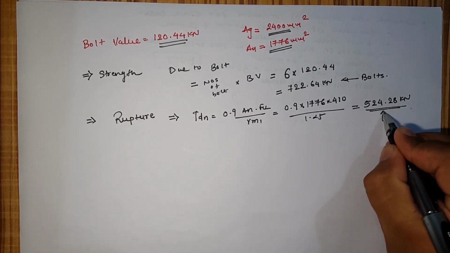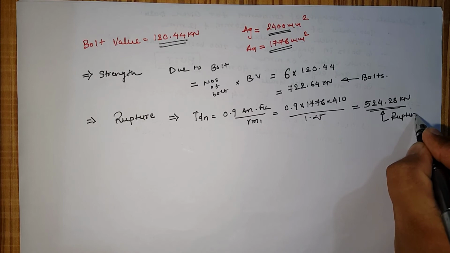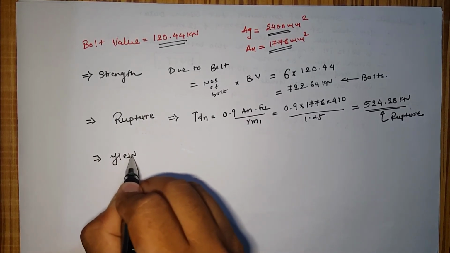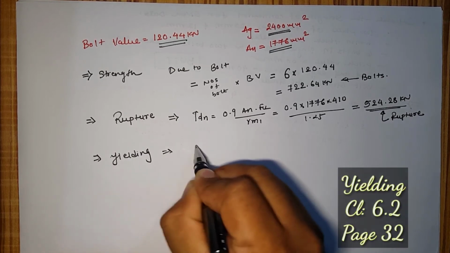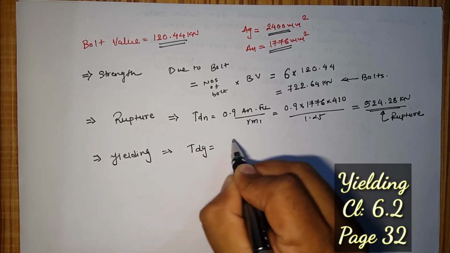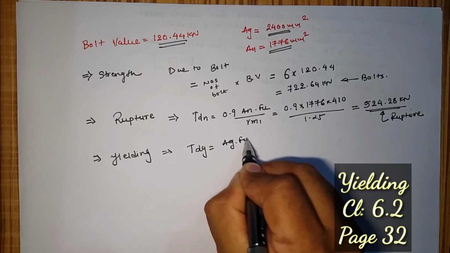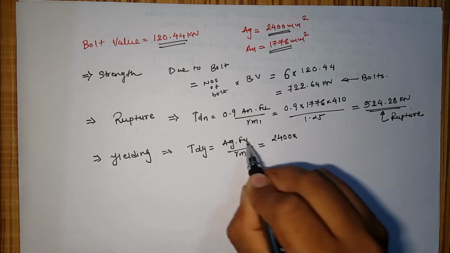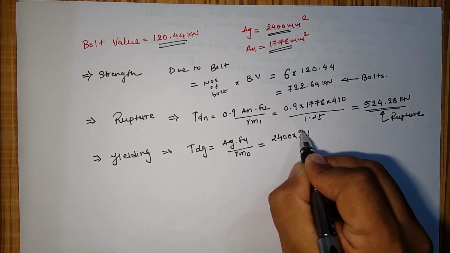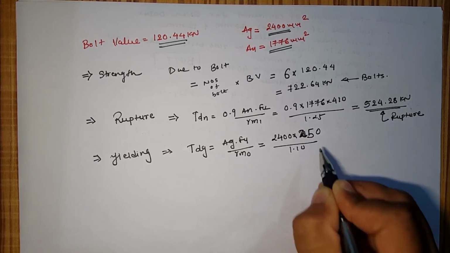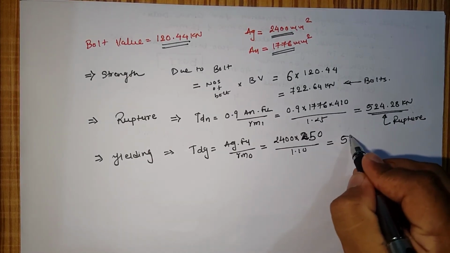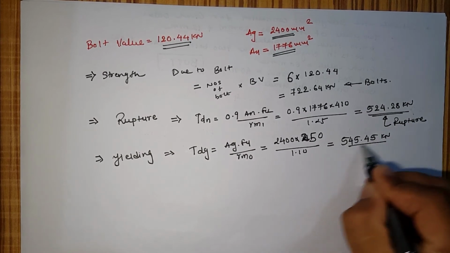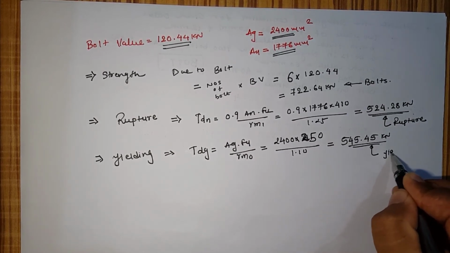Now this value is the rupture strength. The last one is due to yielding, and our equation is TDG from IS 800, which is equal to 545.45 kilonewton, which is due to yielding.